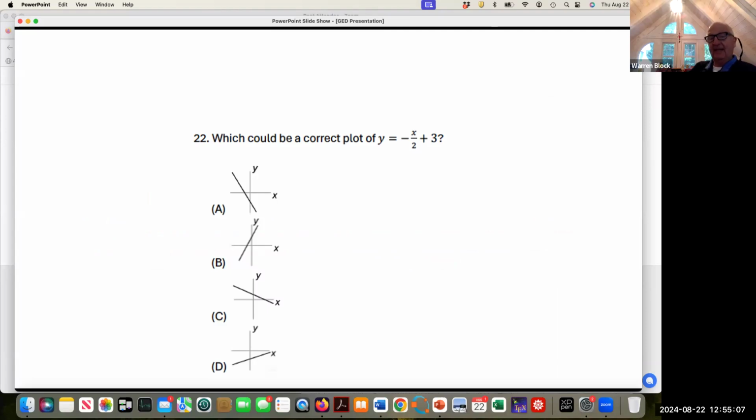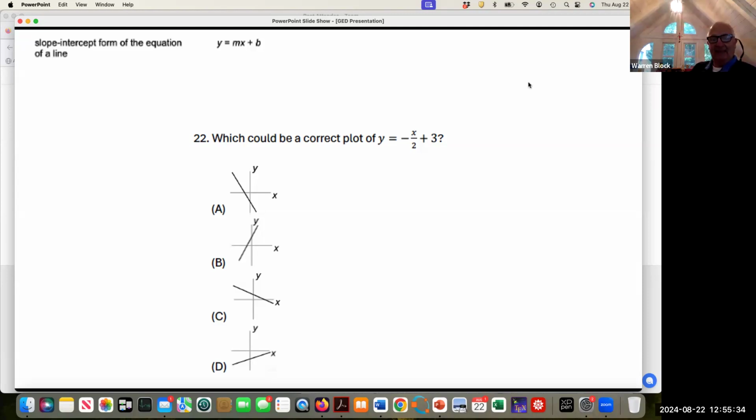Now, this one, I would hope that when you teach or tutor lines and you have this, that you know slope and intercept. And here the slope is -1/2, so we're going downhill. And that's going to be A or C. And then it has to cross at +3.